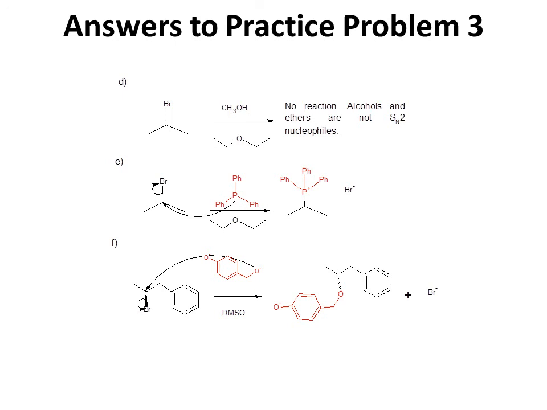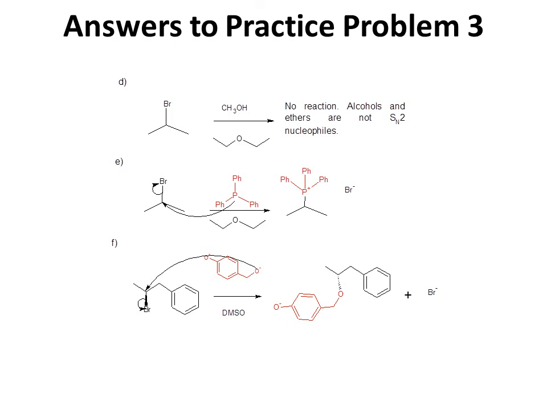In part F, we have a secondary alkyl bromide which is now chiral, so be wary, you have to do inversion of configuration here. Our nucleophile has two negatively charged oxygens, one which is able to resonate its negative charge into a benzene ring, and the other which is not able to do that.